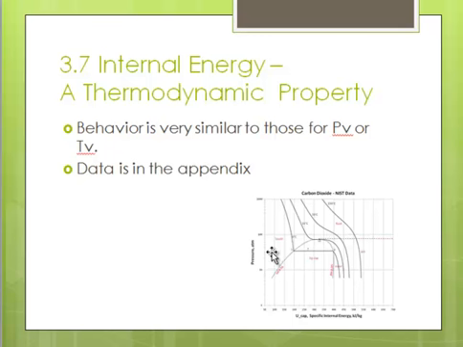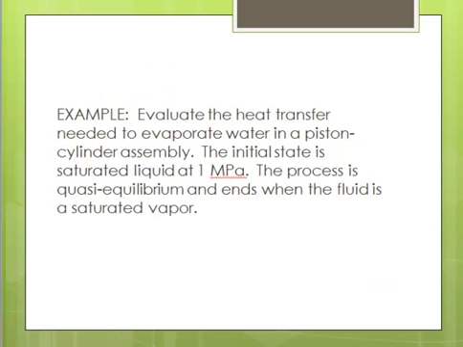And you can graph this, whether it's pressure versus internal energy, temperature versus internal energy. It's going to be very much like the volume. And the data is in the appendix, and we've been using that data in this course so far. So what I want us to do is use this with our definition of the first law, or the energy balance, to work a basic little problem here.